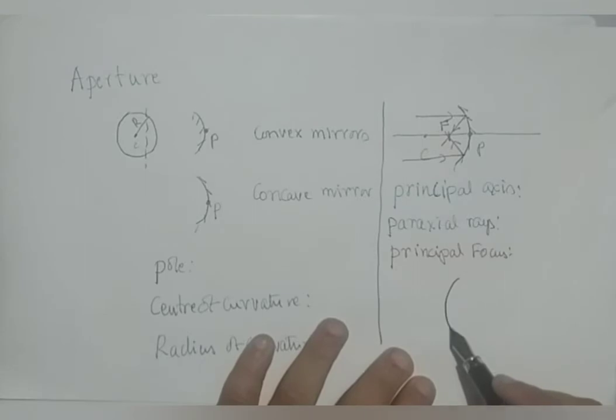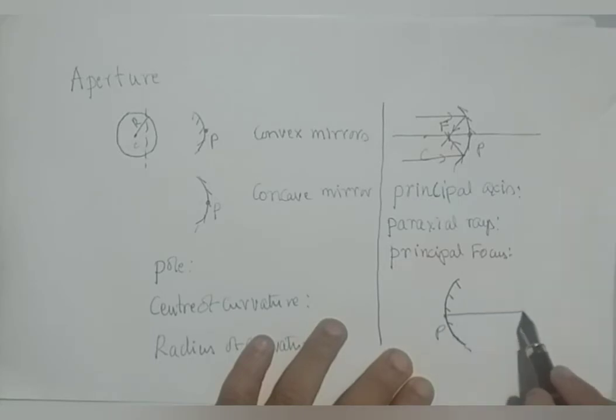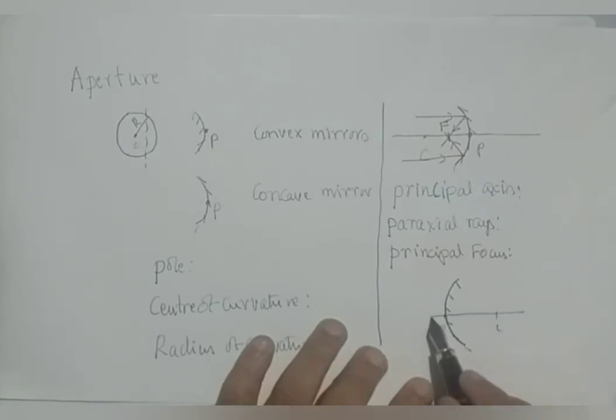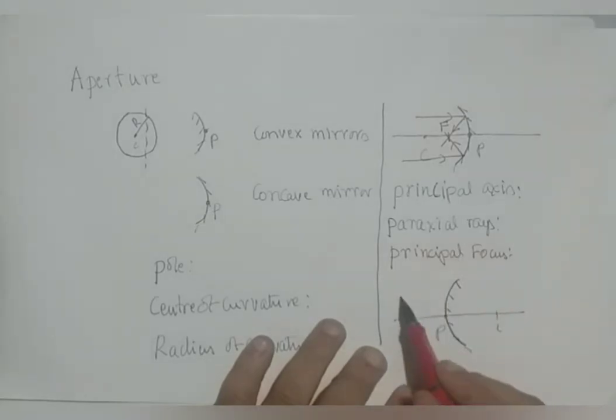This is our convex mirror, and this is the pole, and this is the center of curvature. This is our principal axis. Now, a parallel beam of light rays goes like this. Now, according to the law of reflection, it has to reflect.